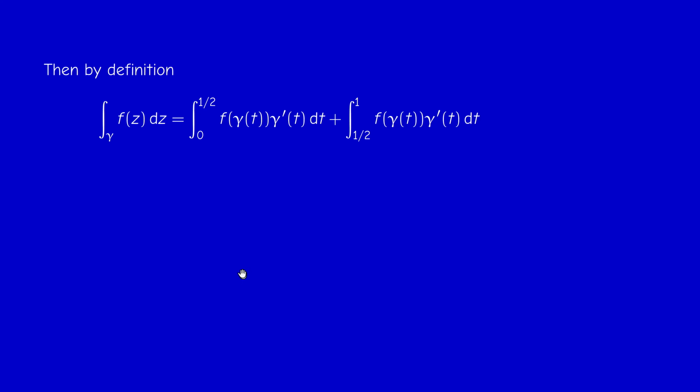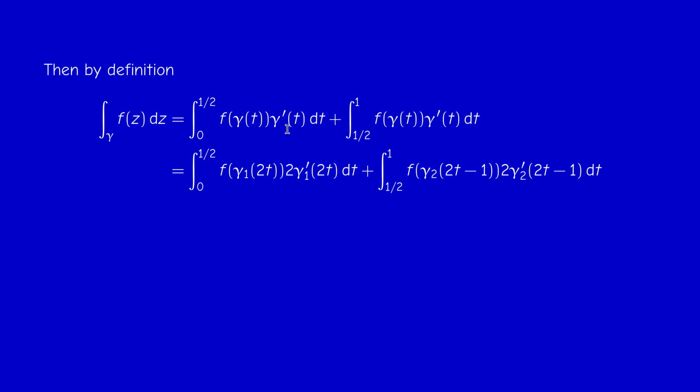And therefore, by definition, the integral over gamma is the sum of the two integrals on each interval where gamma prime is continuous. Now, since gamma is the composition of gamma 1 and gamma 2, then by construction, gamma of t is equal to gamma 1 of 2t, right?